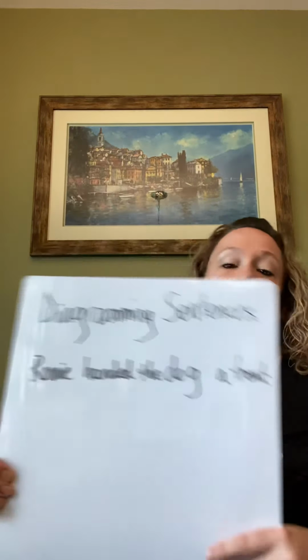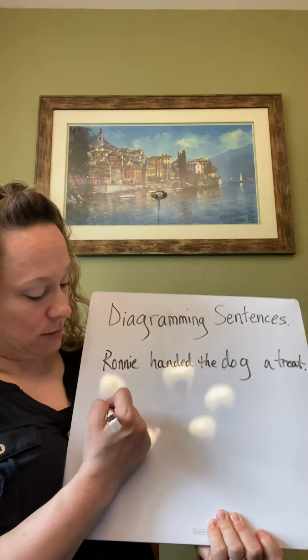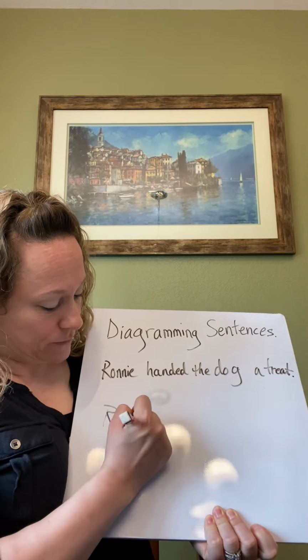Okay, so the first one is Ronnie handed the dog a treat. Now you still need to remember all your adjectives here, but you're also adding in an indirect object with the who. So Ronnie is your subject, so you would write Ronnie here.